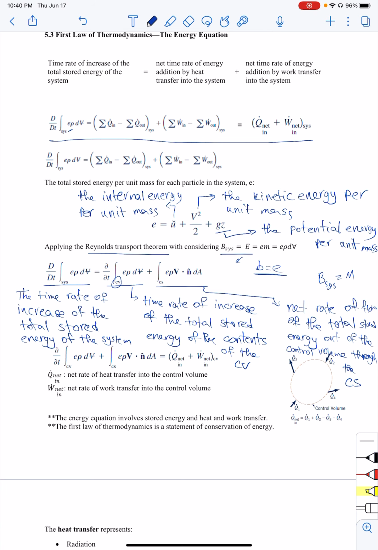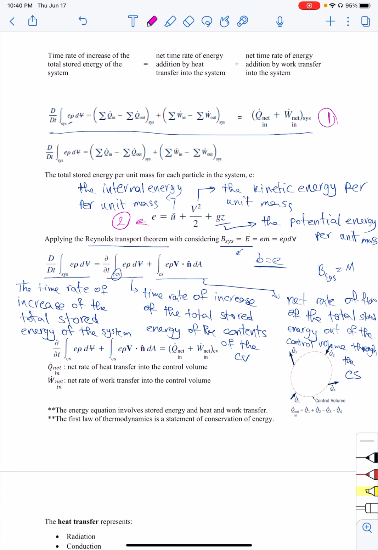Then if I call this equation right here equation number 1, and this definition of E as equation number 2, and then substitute 2 in 1, we get this formula here.